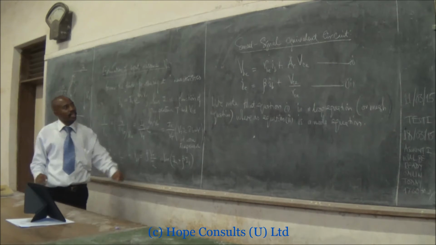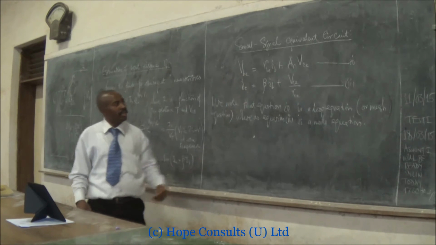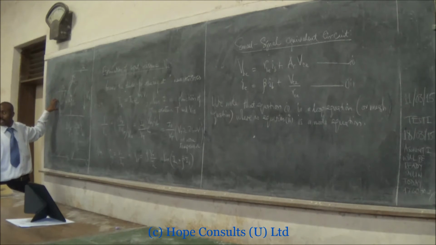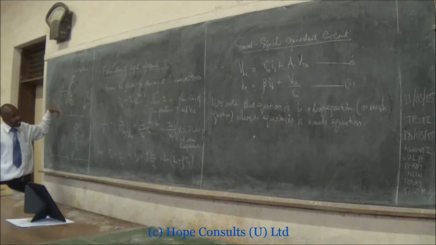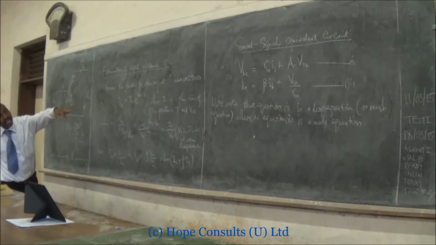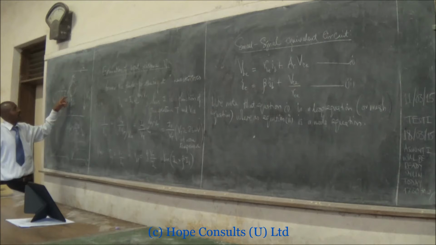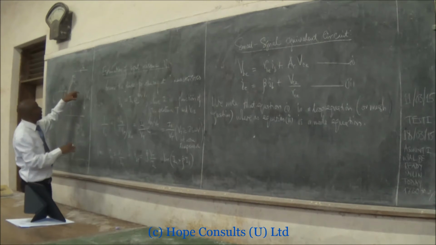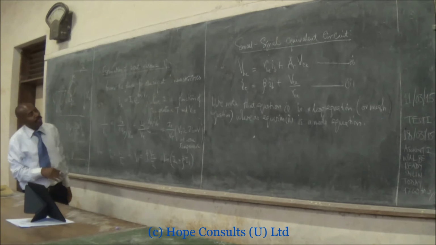We are saying that the voltage VBE is equal to the current flowing here, IB, times the input resistance existing here, plus the amplification times the VCE. When you complete the whole circuit, you get the other side, you are having the AR.